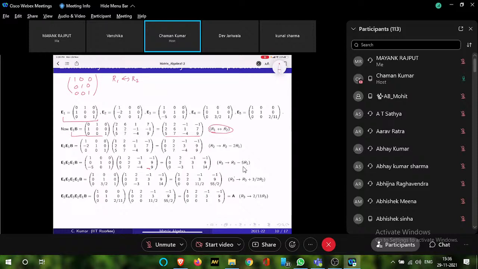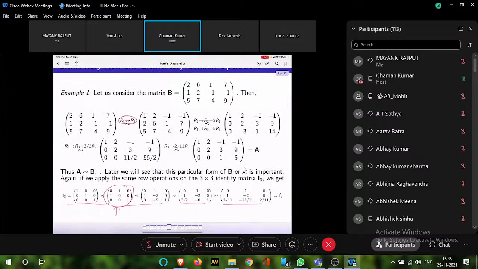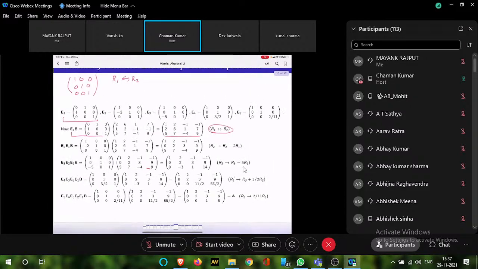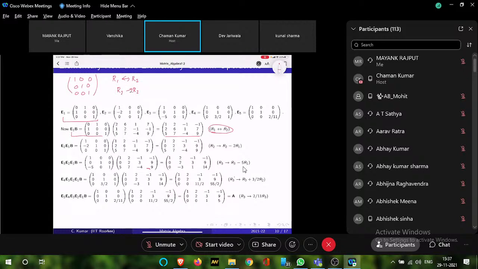Okay. Now what is the second operation that we have performed? The second operation is R2 minus 2R1. This is the second operation. So apply this operation on the identity matrix. So what do you get? You get a matrix which we denote by E2.